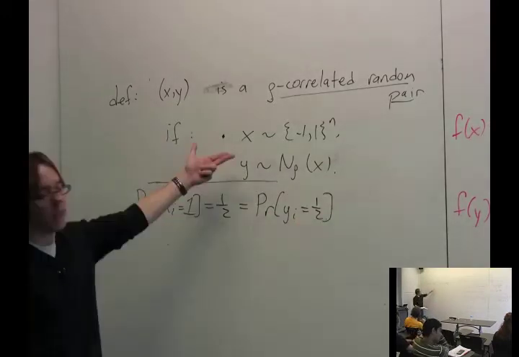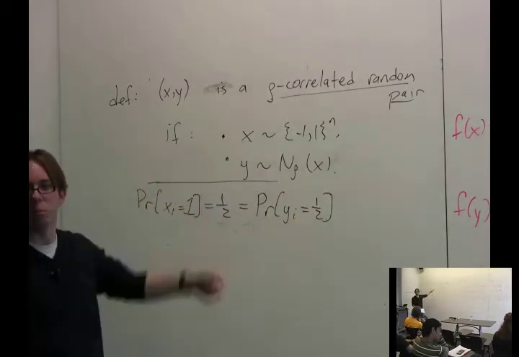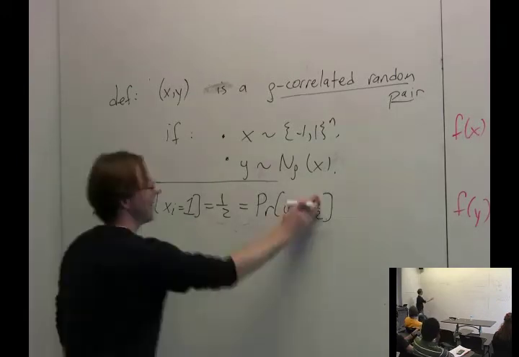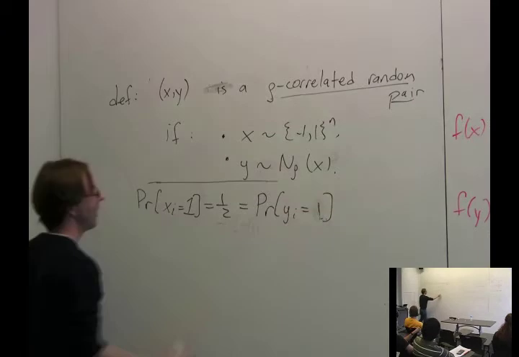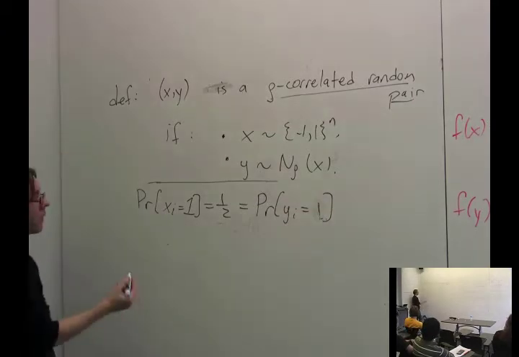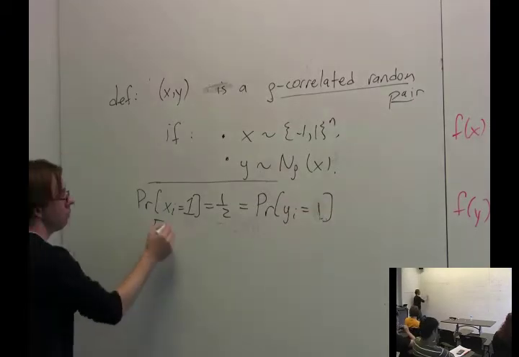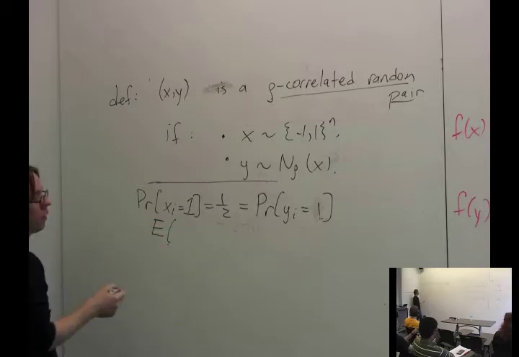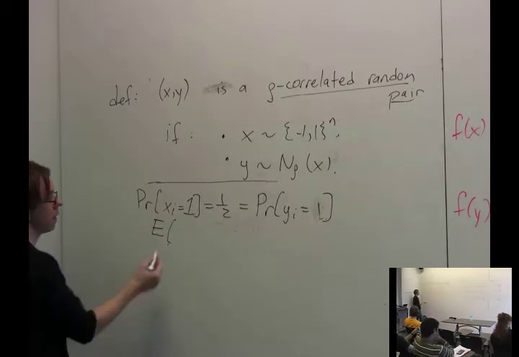Because x_i is uniform, so y_i will also be uniform. And so these are just random bits. So that actually fixes the sense that it's symmetric.